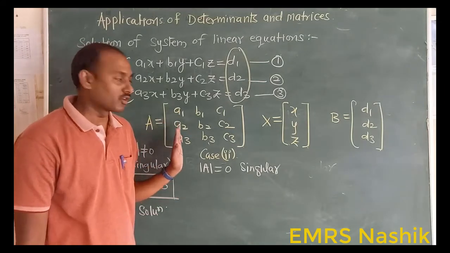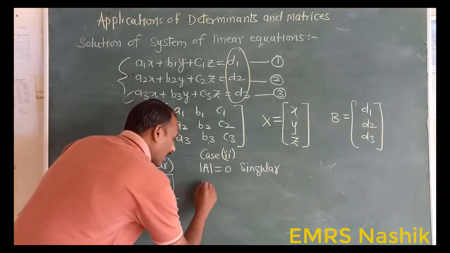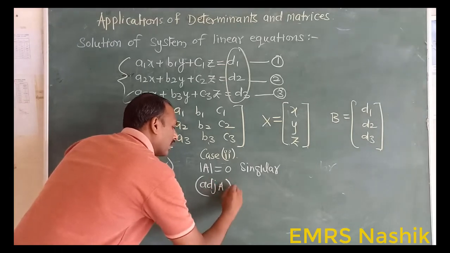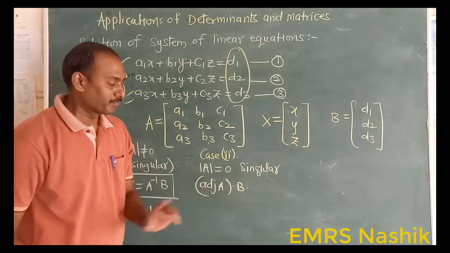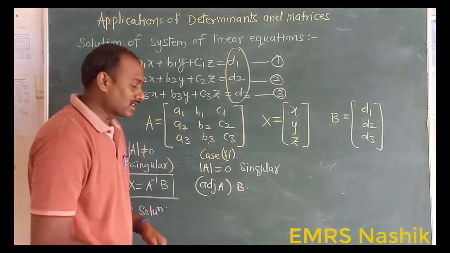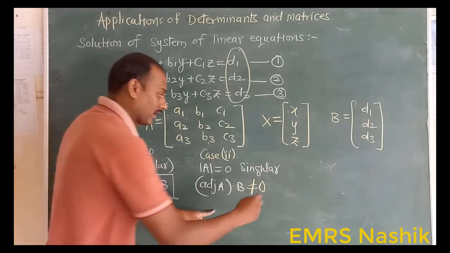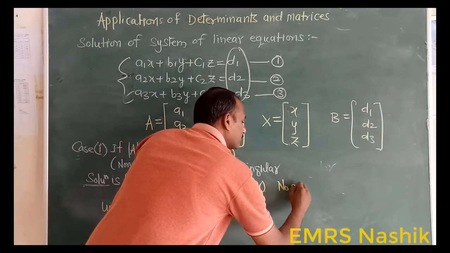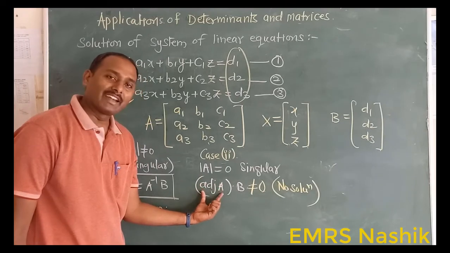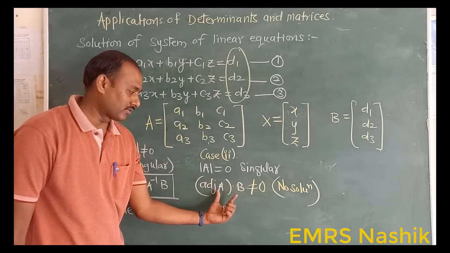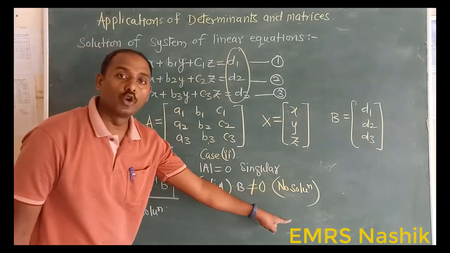Then how do we find the solution of this system of linear equations? What we will do is find the product adjoint of A into B. First we will find the adjoint of A, and then we will multiply this with B. If this multiplication is not equal to 0, where 0 means the zero matrix, then the system has no solution. If this multiplication is a non-zero matrix, then this system has no solution.